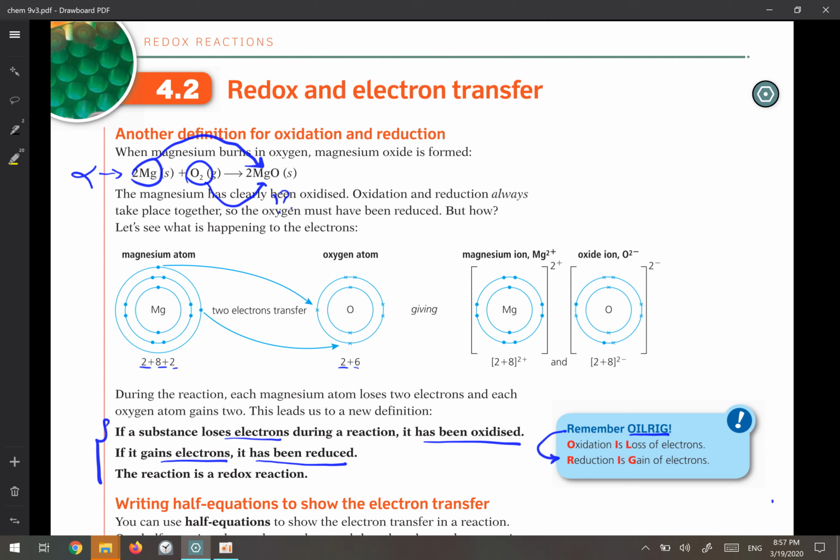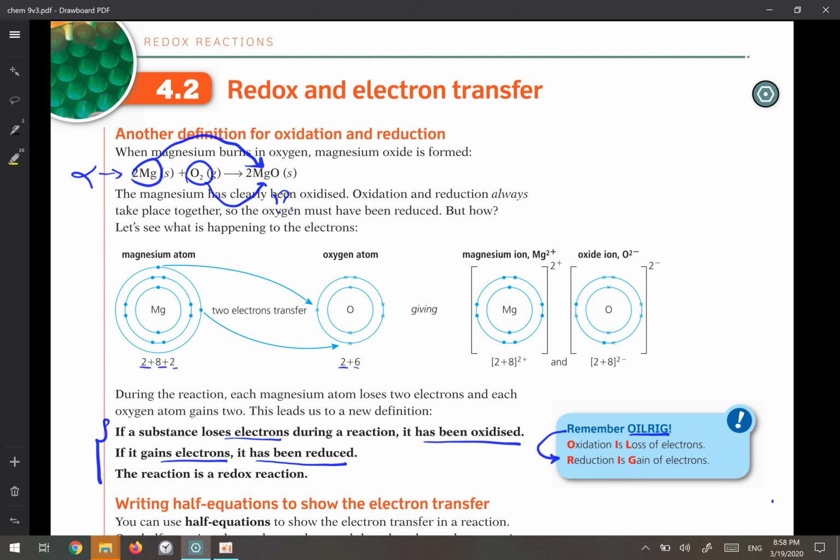Magnesium is losing electrons, so we say the magnesium is oxidized. Oxygen is gaining the electron, so we can say the oxygen here is reduced. Based on the electron transfer, the definition is very clear, and we can clearly say which reactant is reduced and which is oxidized.